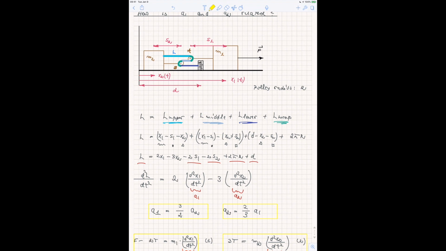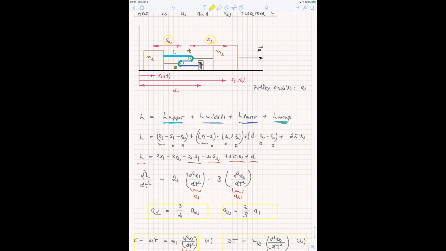Keep in mind that length S1 is a fixed length, length S2 is a fixed length, namely the distance between the pulley and an object, here pulley A and pulley B and object M2. But the actual masses M2 and M1 relative to that coordinate system change their location as a function of time.